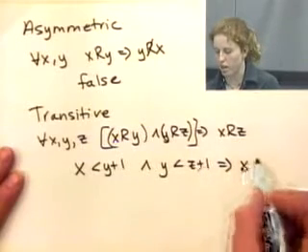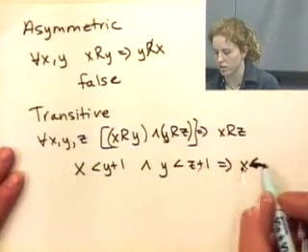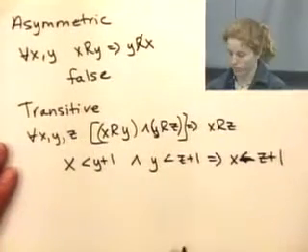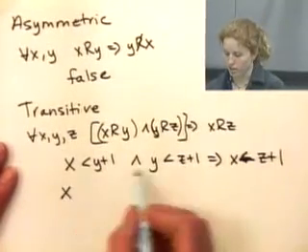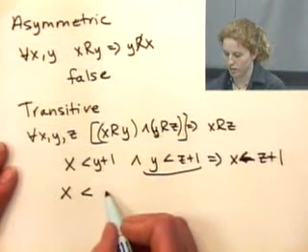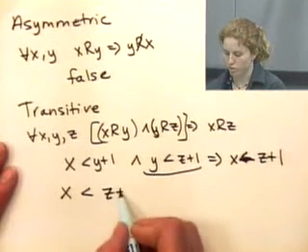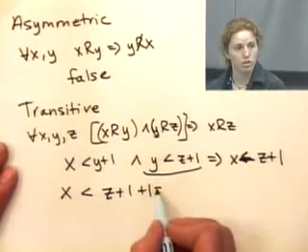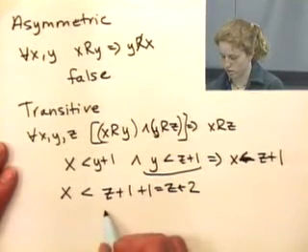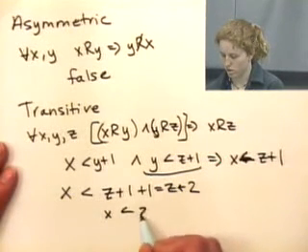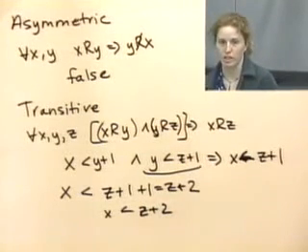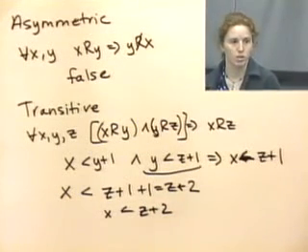Does that imply that x is less than, just less than, z plus 1? So we can check that. So if I plug this one in, I get x is less than z plus 1 plus 1, which is equal to z plus 2. And so x is less than z plus 2. It's possible it could be equal to z plus 1, right?